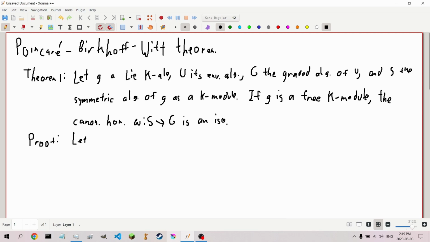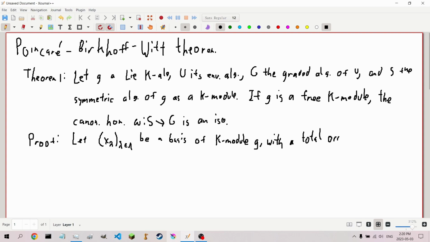We're going to let x lambda, indexed over big lambda, be a basis of the K module version of G, with a total ordering of big lambda.